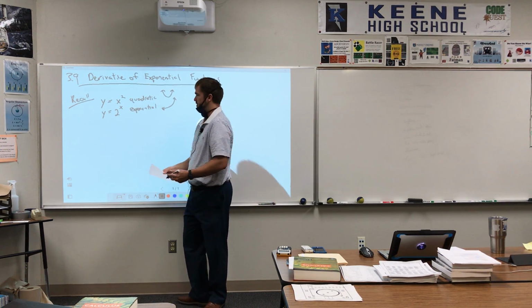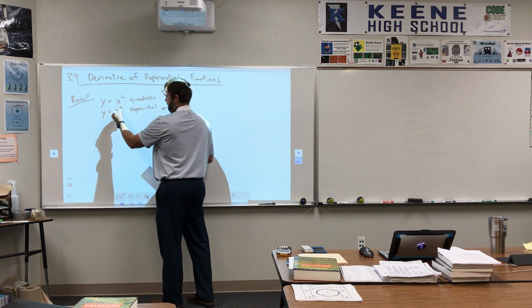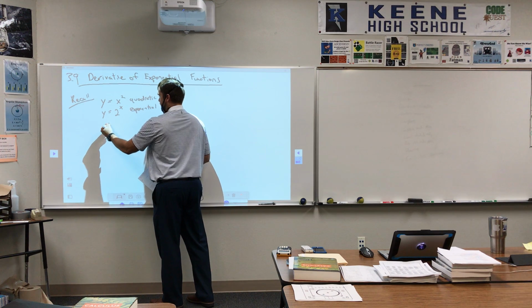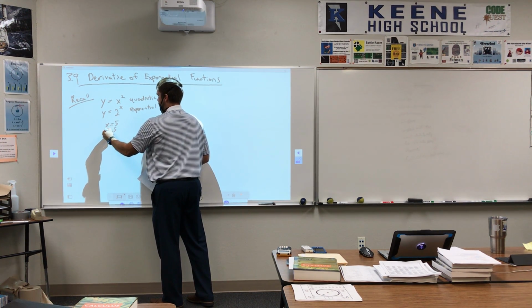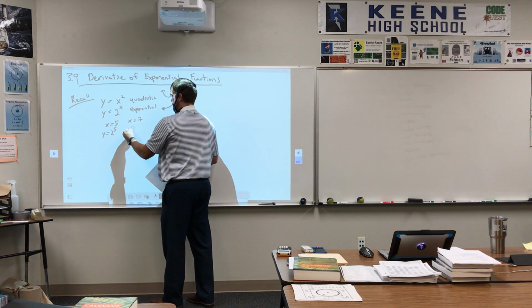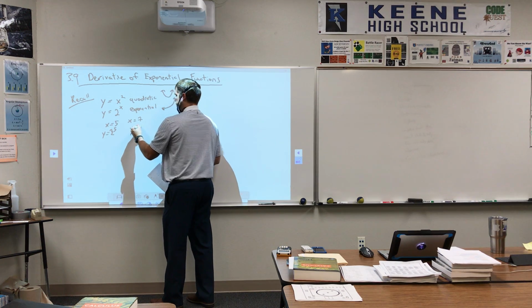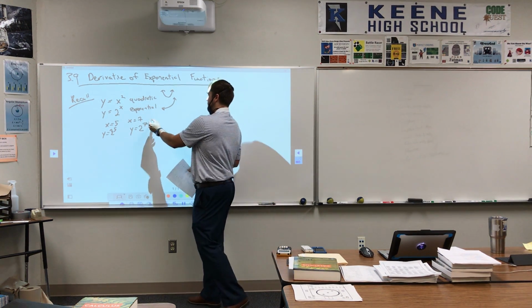Okay? So in other words, mathematicians, they're like, yeah, this is great. If x equals 5, then I have y equals 2 to the 5th. If x equals 7, then this is y equals 2 to the 7th, so 2 times 2 times 2 times 2, and so on and so forth.